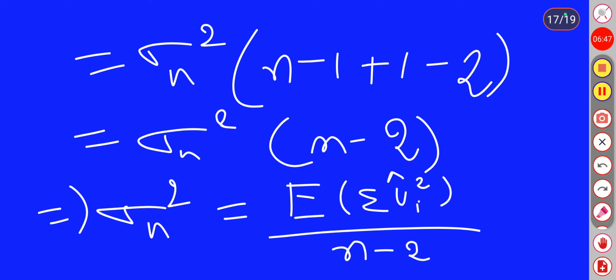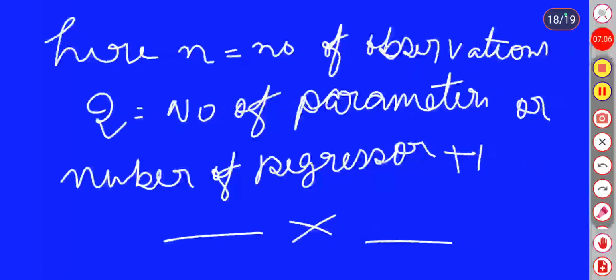Finally we get sigma u square common, and in the bracket we have n minus 1 plus 1 minus 2. So sigma u square into (n minus 2). The expected value of sum of ui hat square is sigma u square into (n minus 2). Here n is the number of observations, and 2 is the number of parameters or regressors, plus 1.